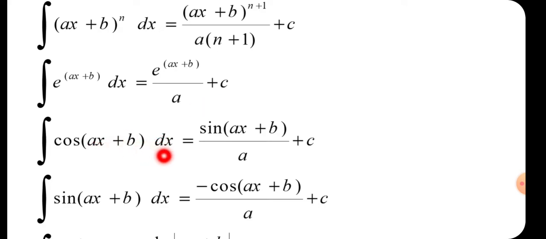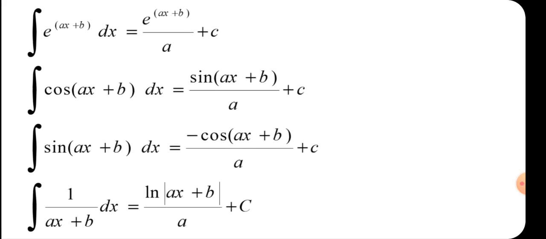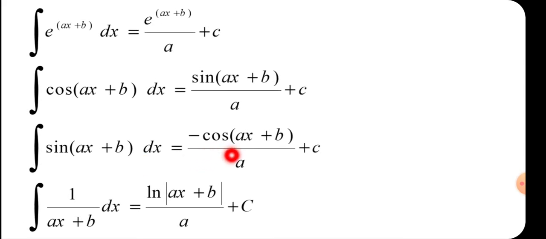Cosine ax plus b dx, its integration is sine ax plus b over the coefficient of x, which is a, plus the constant c. Sine ax plus b, its integration is negative cosine ax plus b over the coefficient a, plus the constant c.